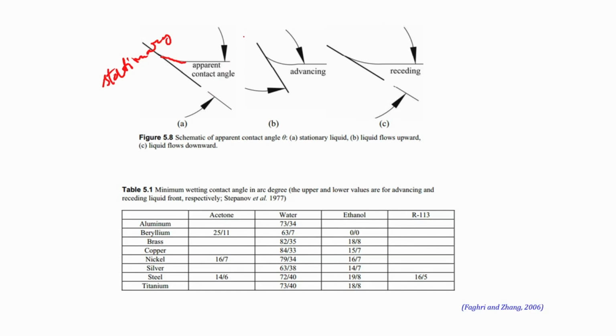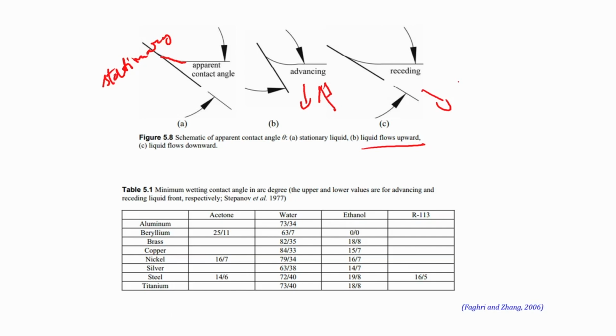Now, in some cases, for example, if the liquid flows upwards, then you get what we call an advancing contact angle. And in the other case, when the liquid flows downwards, you get a receding contact angle.